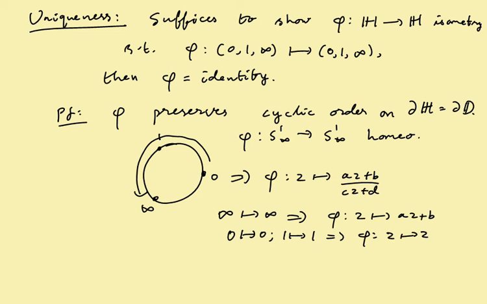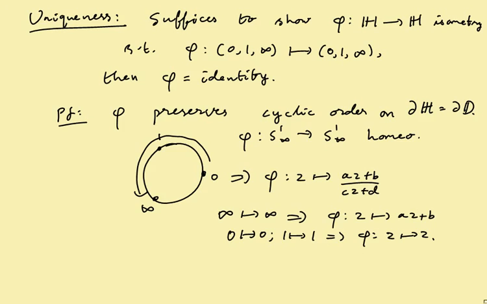Because the image of 0 is b, that should be 0, and the image of 1 is a. Once you know b is 0, you're done. Okay, so we've seen that the group of isometries has a very nice description in terms of the boundary. Given any 3 points and any other 3 points, there's a unique isometry which takes one to the other.